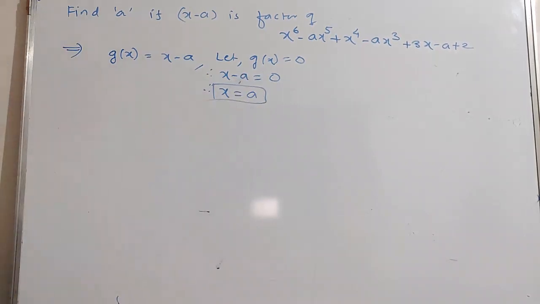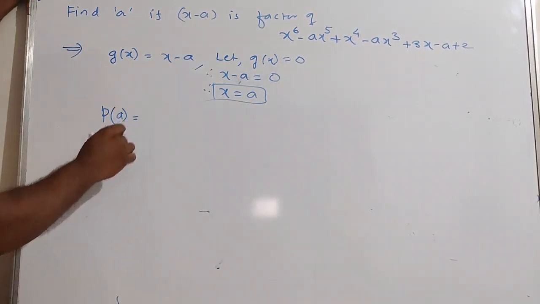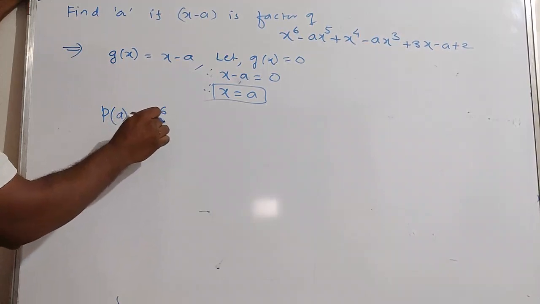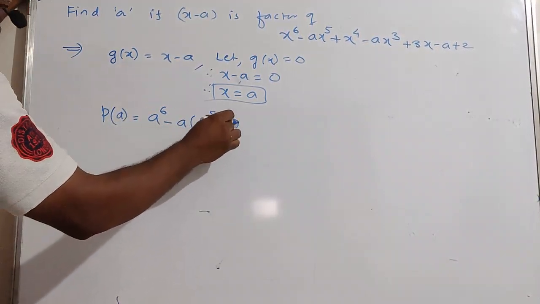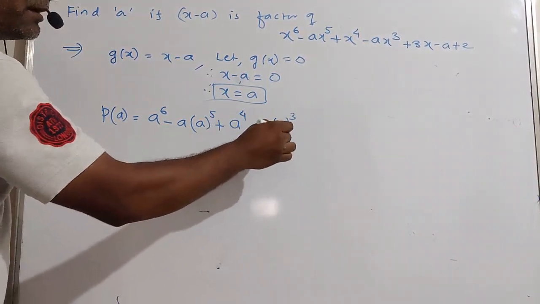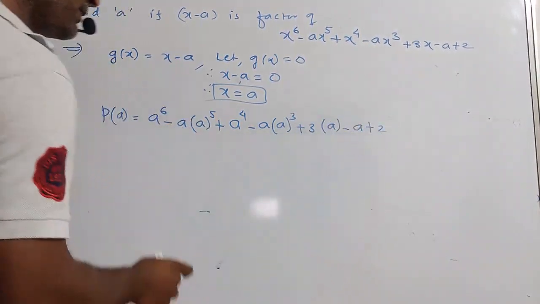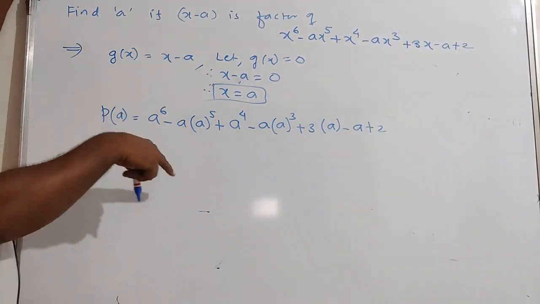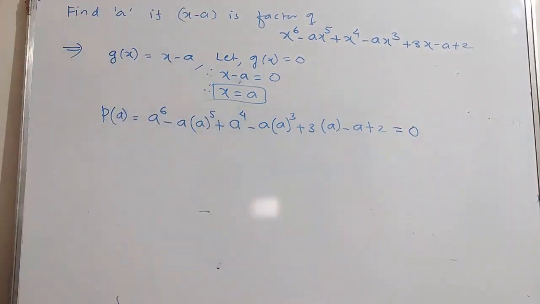Here I got x is equal to a, which I will substitute in the given p of x. So p of a is equal to a raised to 6 minus a into a raised to 5 plus a raised to 4 minus a into a cube plus 3 into a minus a plus 2, and here definitely the remainder will be 0 because x minus a is a factor of the given polynomial.